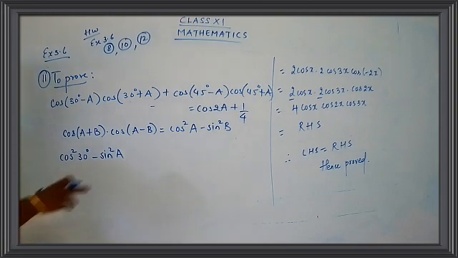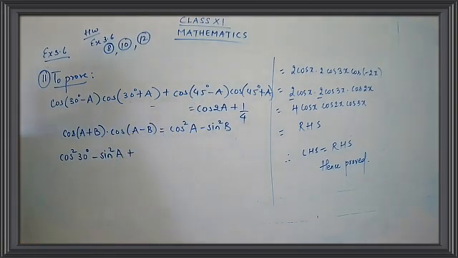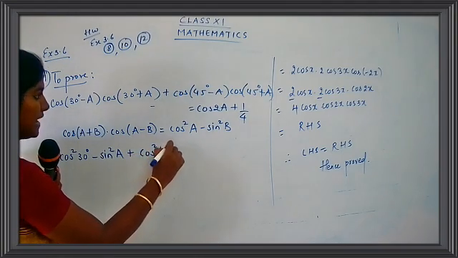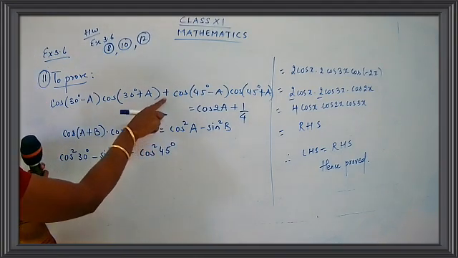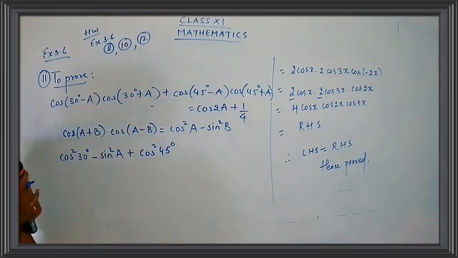Okay, completed. Coming to the next part, plus cos 45 minus a, cos 45 plus a. The answer is cos square a minus sine square b, so cos square a means cos square 45 degree. Now here no problem because we have a main sign as plus. If you have an addition sign, there is no need to worry about the signs because there will be no change in the sign.